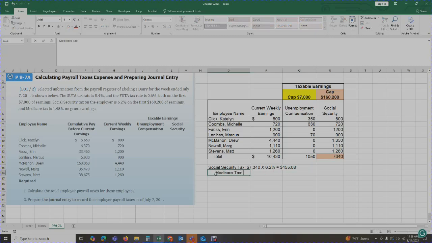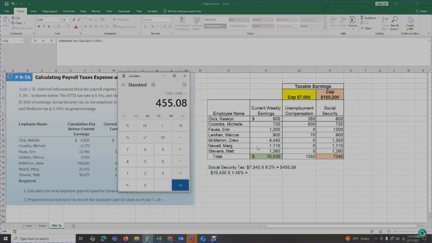Next, I'm going to calculate my Medicare tax. For your Medicare tax, there is no cap. It says here Medicare tax is 1.45% on your gross earnings. So for Medicare, I'm going to pick up the weekly earnings, the $10,430. My rate is 1.45%. Let's see what that gives us. 10,430 times 1.45% gives me 151.235.